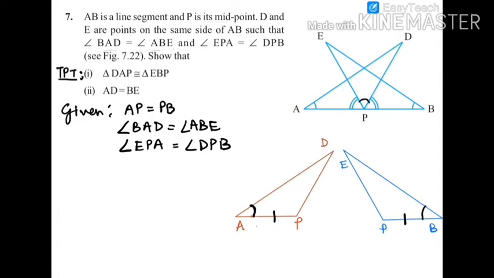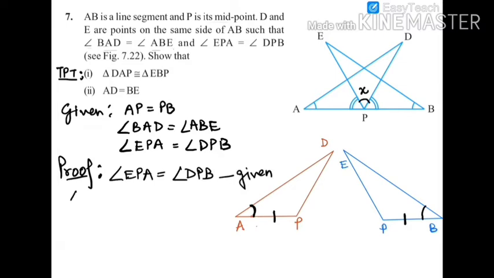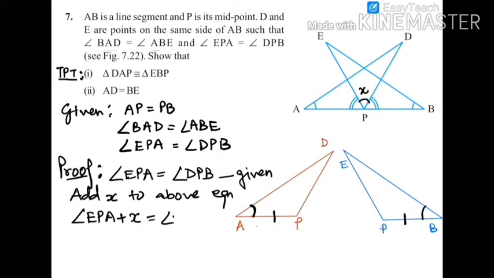Let's mark this angle as X. We start from the information that is given in the question. Angle EPA is equal to angle DPB. So add X to above equation. We get angle EPA plus X equal to angle DPB plus X.